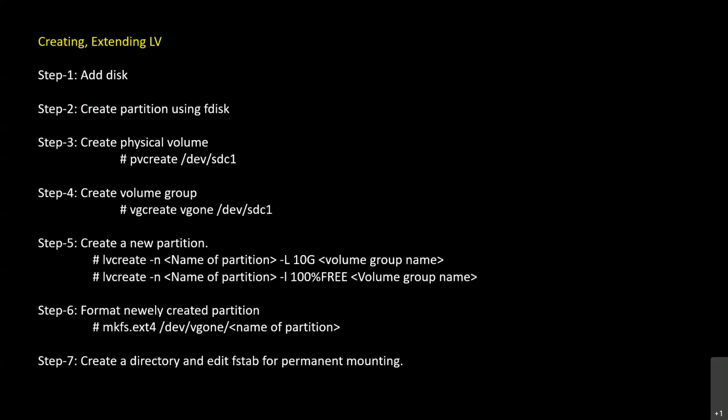And if we use 100%FREE, then whatever amount of free space is there will be used to create the partition. Once the partition is created, we can format it using ext4 or ext3, then create a directory and edit the fstab entry for permanent mounting.